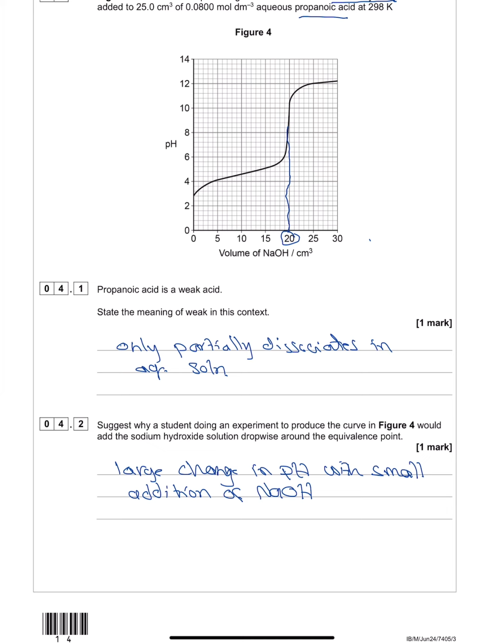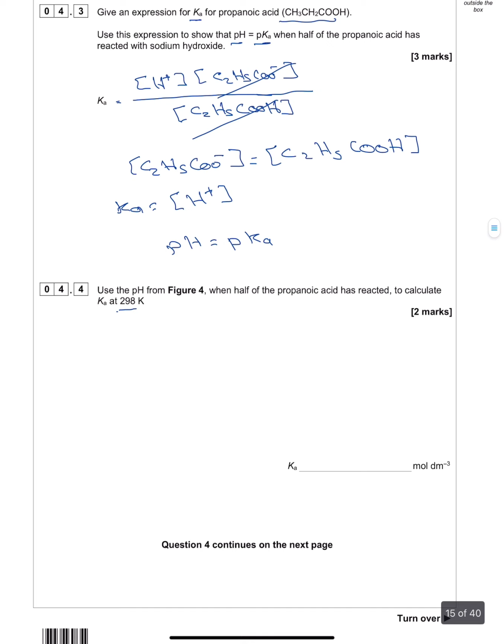For half of the propanoic acid to react, we need 10 cm cubed. What is the pH when we add 10 cm cubed of sodium hydroxide? You can see that's almost 4.5. That means the pH when half of the propanoic acid has reacted will equal 4.5.